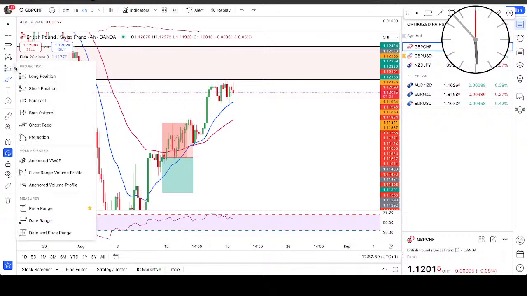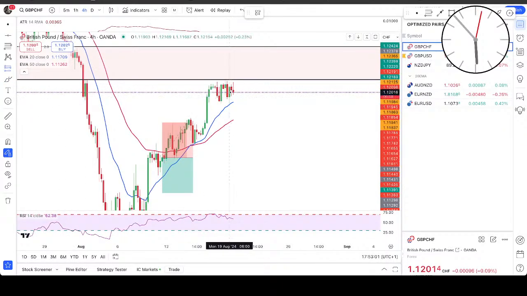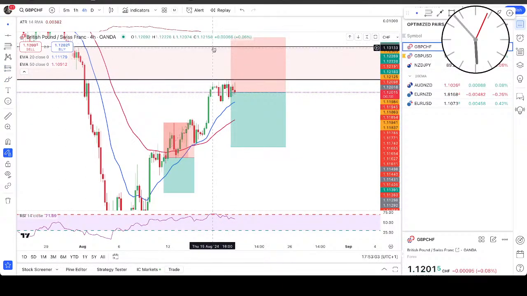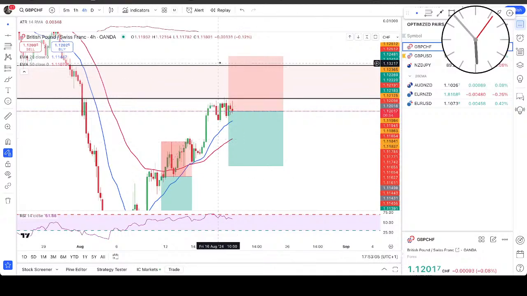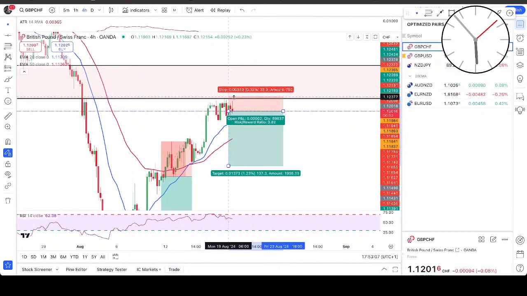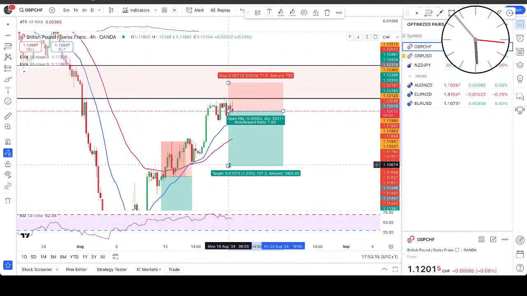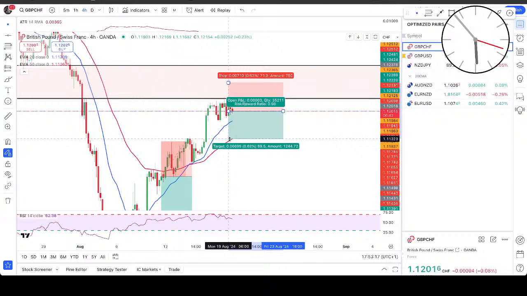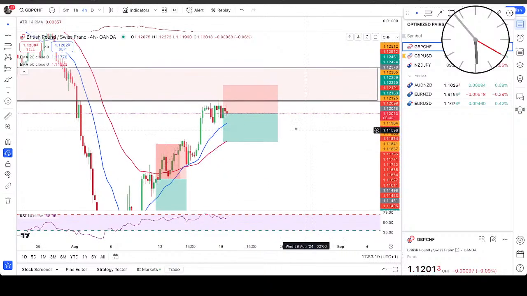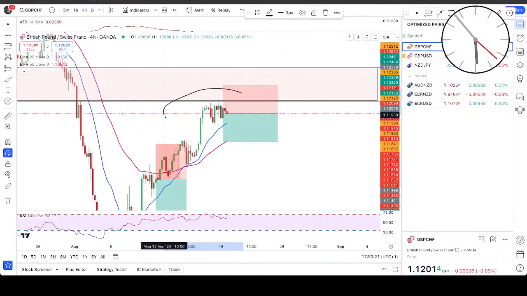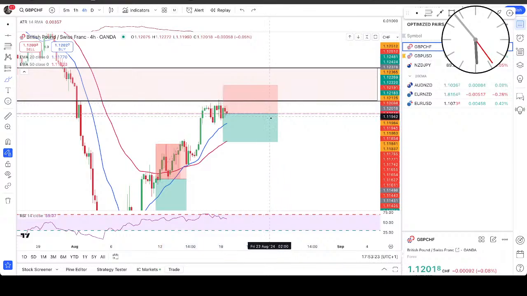And it looks like the price is going to push down from here. If you entered here, then the stop loss is above that, around 70 pips. So 70 pips stop loss and 70 pips take profit for GBP-CHF. So that looks good.